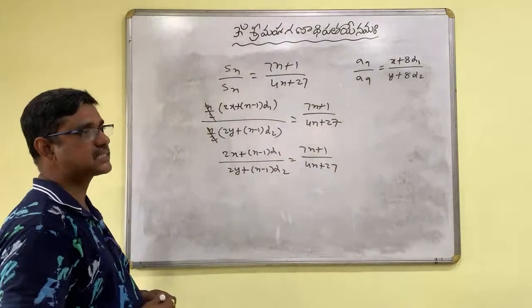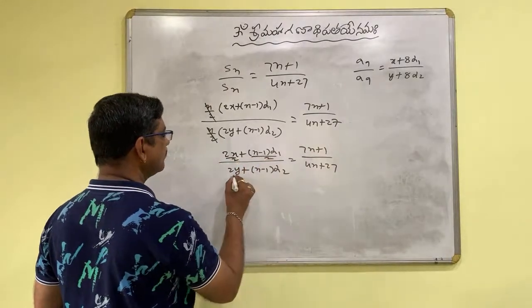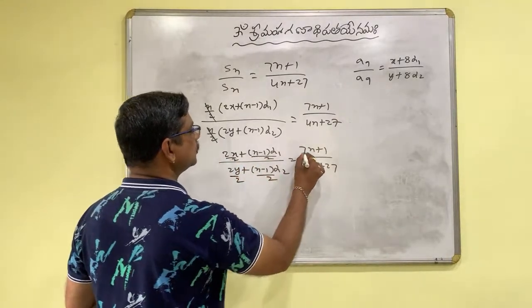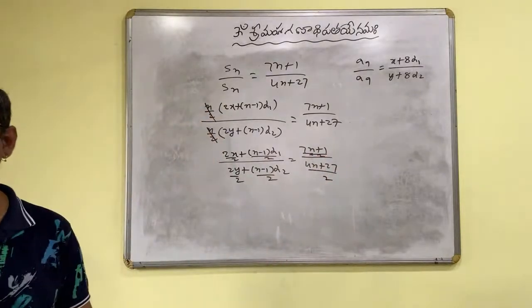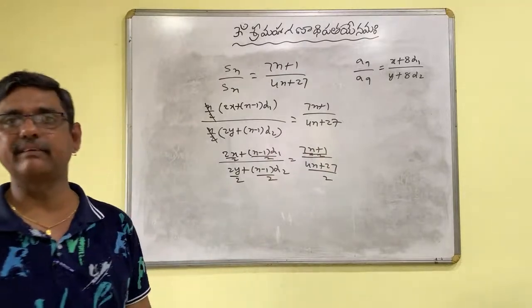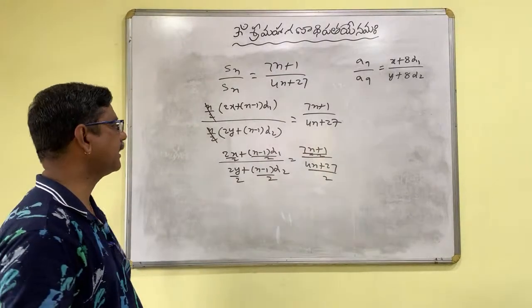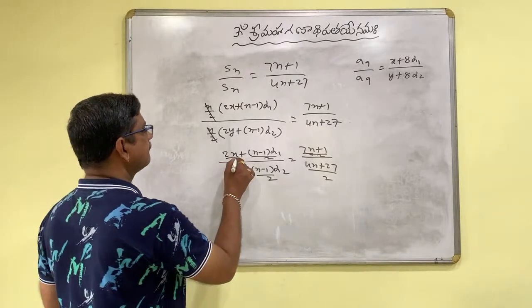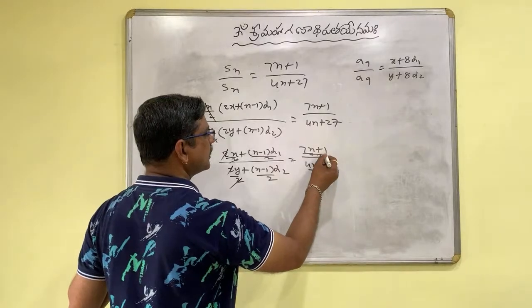Now what I will do is, I will divide the numerator and denominator with 2 on both sides. Okay? So what happened here? This is cancel, these two cancel, and this one also cancel.